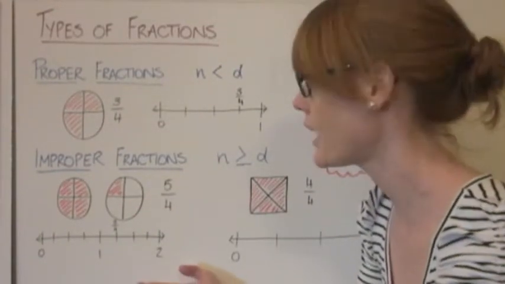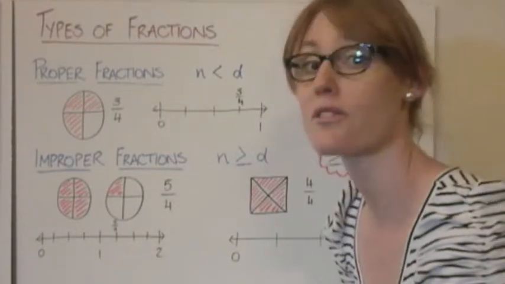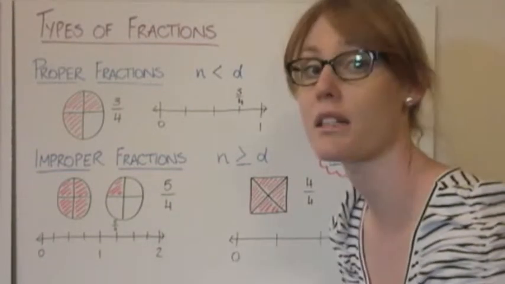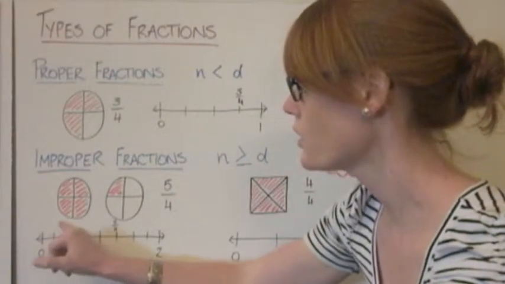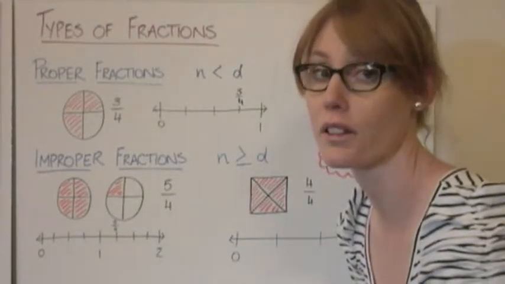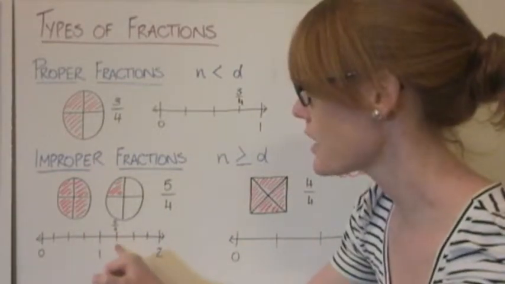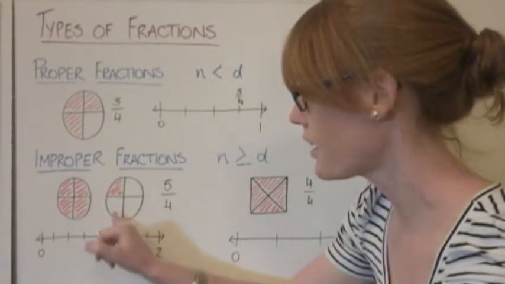And on our number line, each whole number has been divided into 4 sections, which is the number indicated by the denominator. And we have gone across 1, 2, 3, 4, 5/4 the way along the number line. As you can see, in both of these examples, 5/4 is greater than 1.